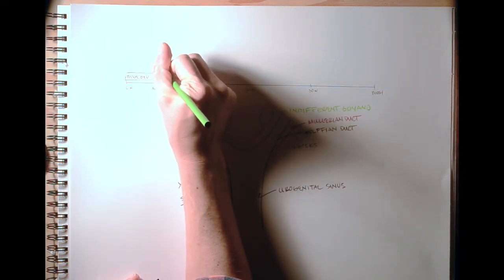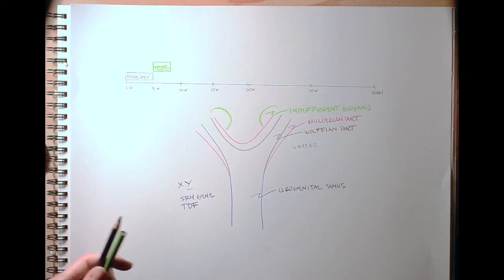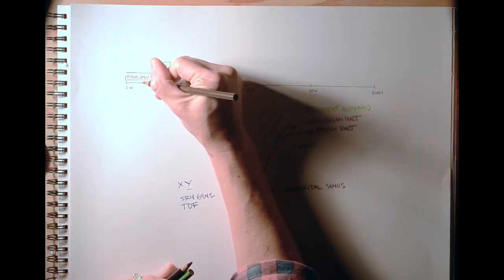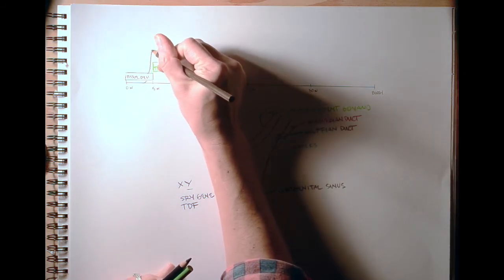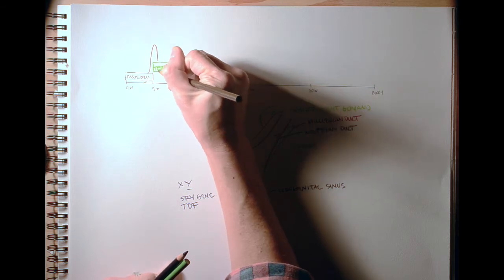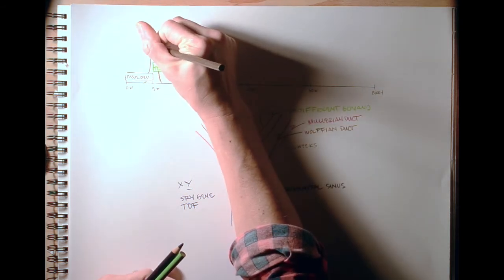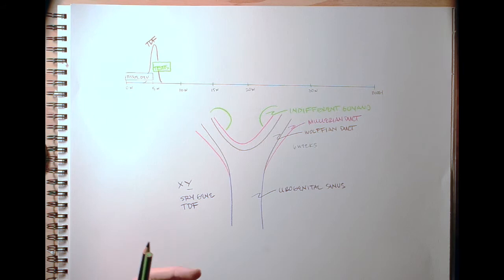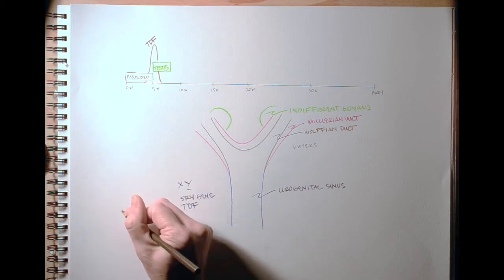Again, this is in the genetic male, so what we have to have happen prior to that is basically expression of this testes differentiating factor. So we can draw this structure in.